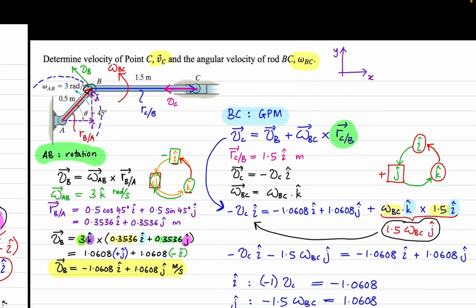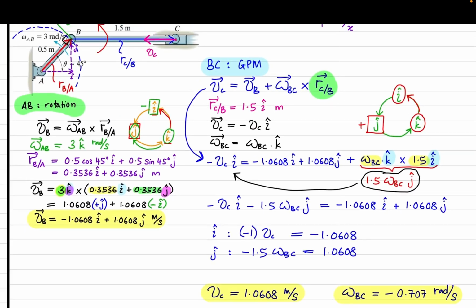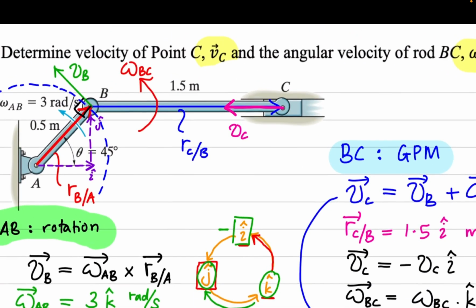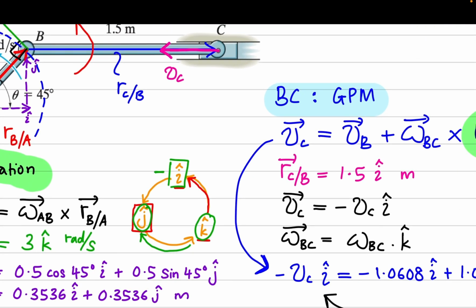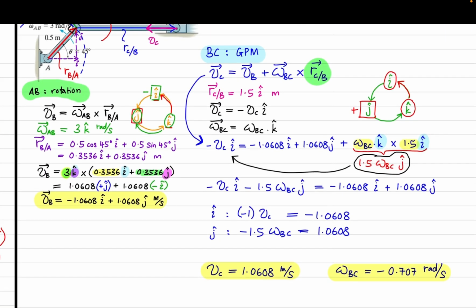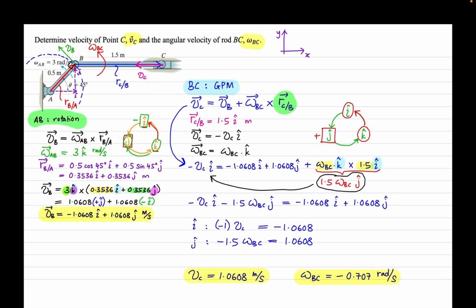But when we get a negative value, it means our earlier assumption is not correct, and rod BC is actually rotating clockwise. So when we see a negative value of omega BC, we know straight away that rod BC has a clockwise rotation.